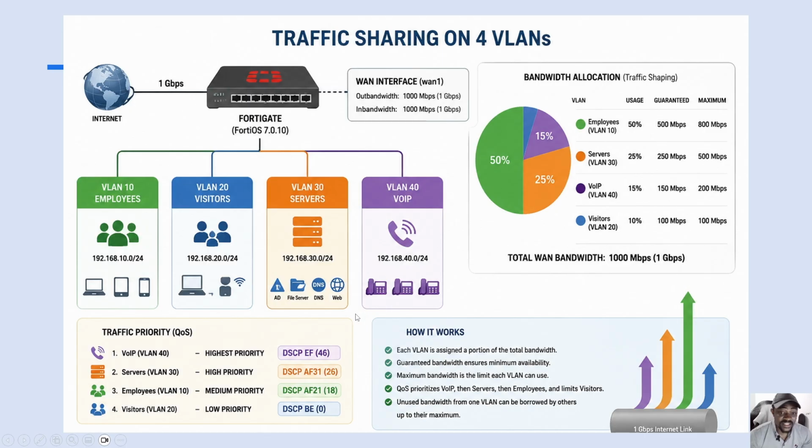So this diagram here was to help you understand that putting VLANs in place is good. You can segment your network, isolate the network, isolate traffic. But if you don't control, or if you don't guarantee some minimum security, bandwidth allocation and priority as we are showing here, then you might mess up your infrastructure.